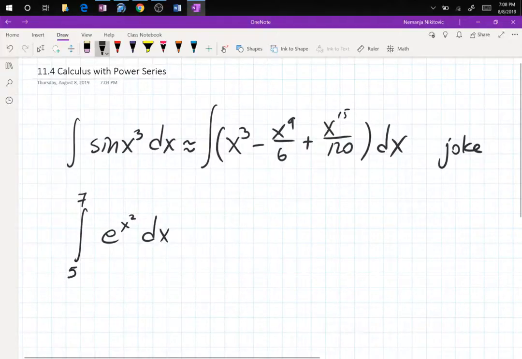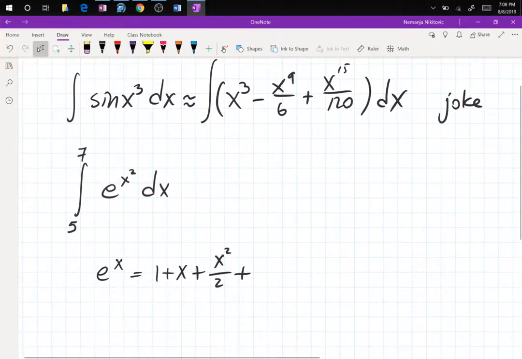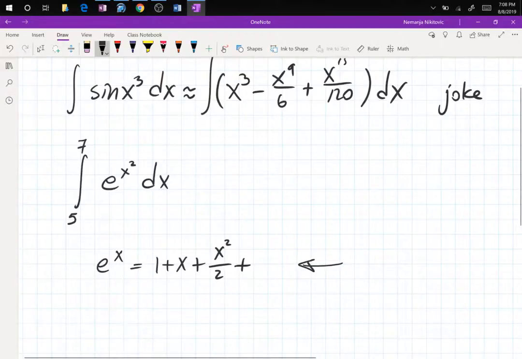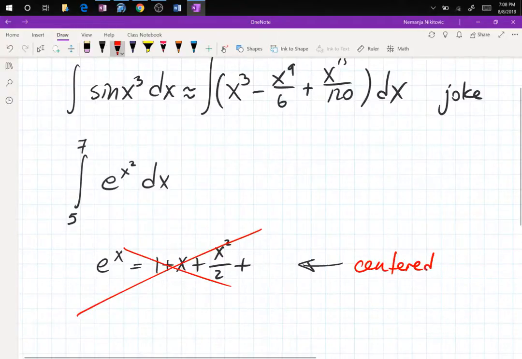Can you just go and say, okay, the expansion for e to the x is 1 plus x squared over 2 plus... No, because this thing here is centered at 0. Now look at your interval. Where do you have to center it? At 6.